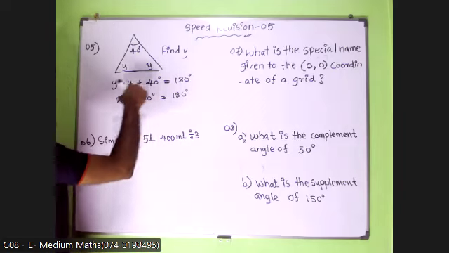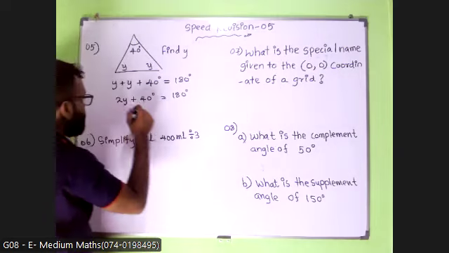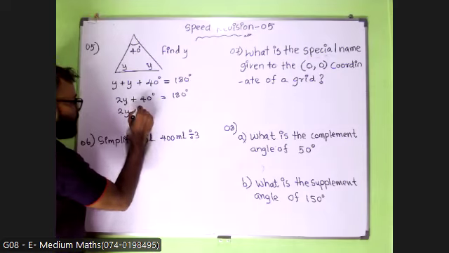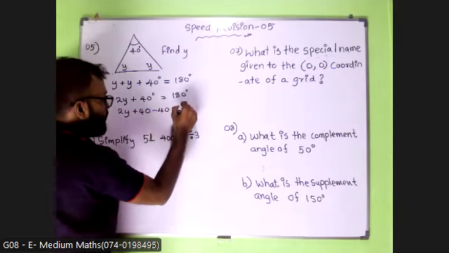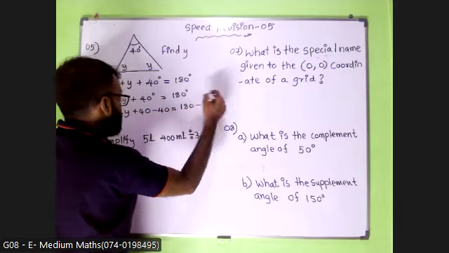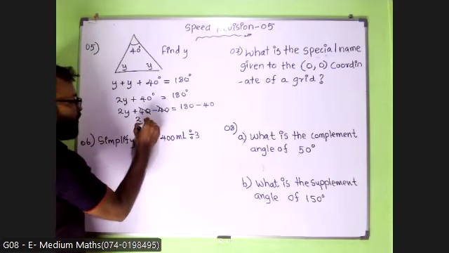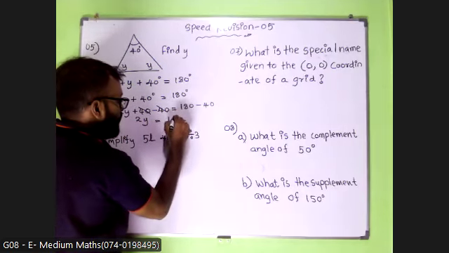So this is an equation like the previous one. 2y plus 40. Subtract 40 from both sides. Then 2y equals 180 minus 40, 140.